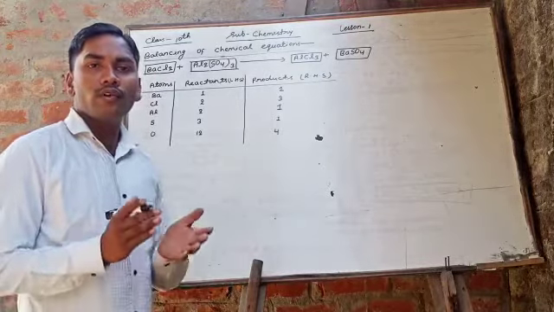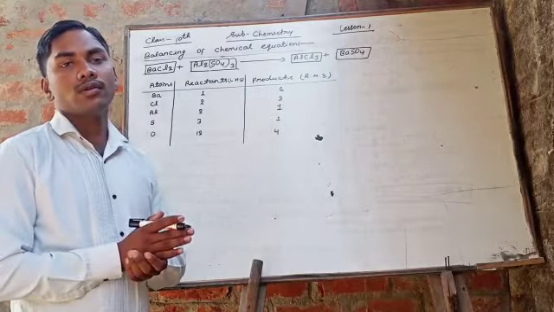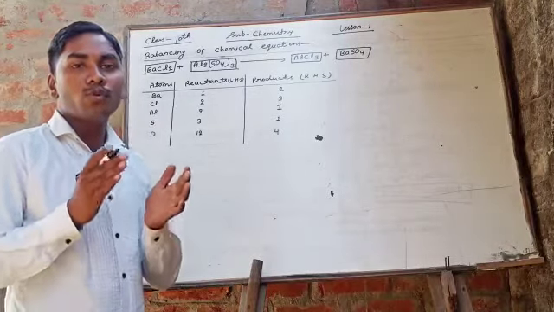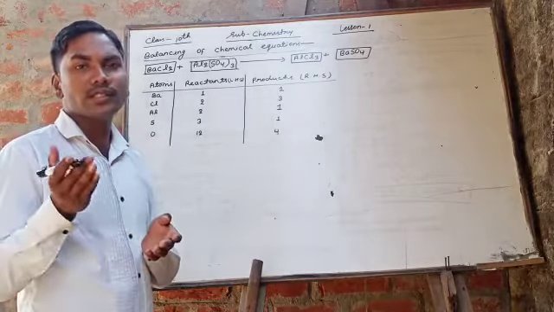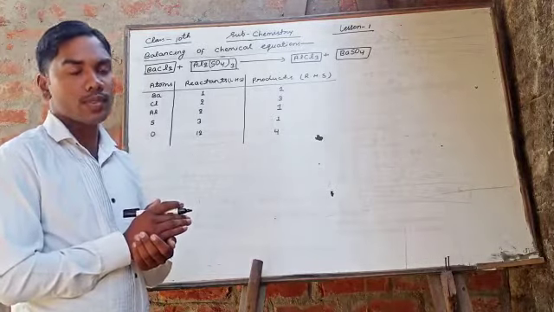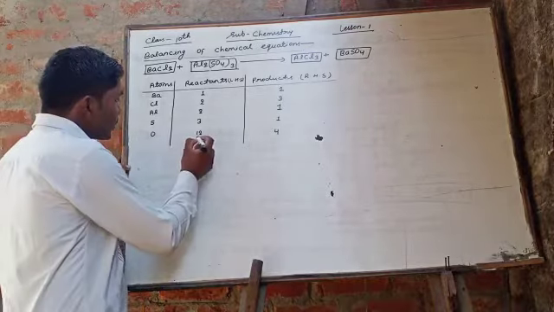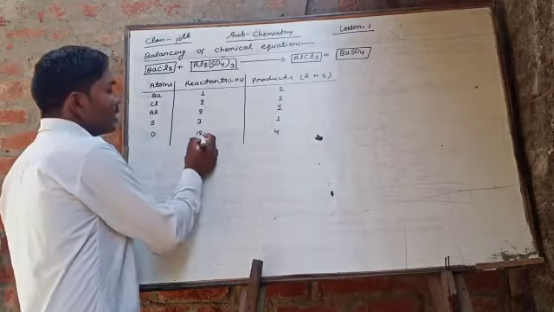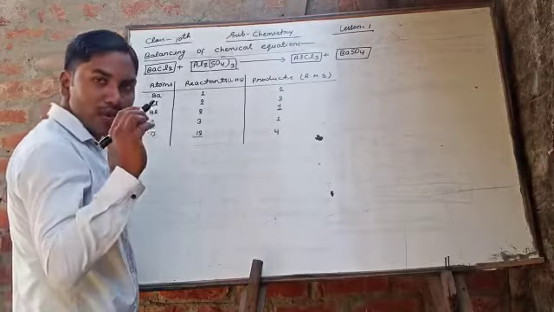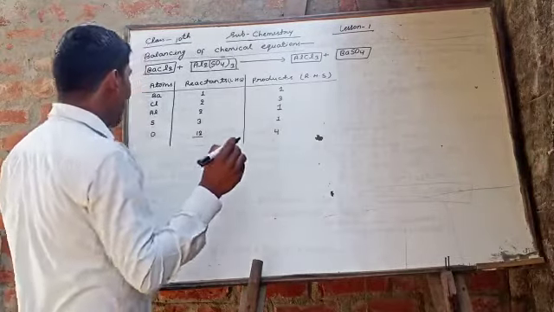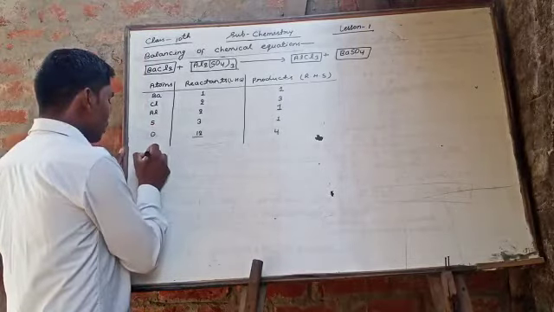Now we will balance the atom which is most in number, either in the reactants or in the products. Here you can see that oxygen has the most atoms, 12. So first of all, we will balance the oxygen atom.